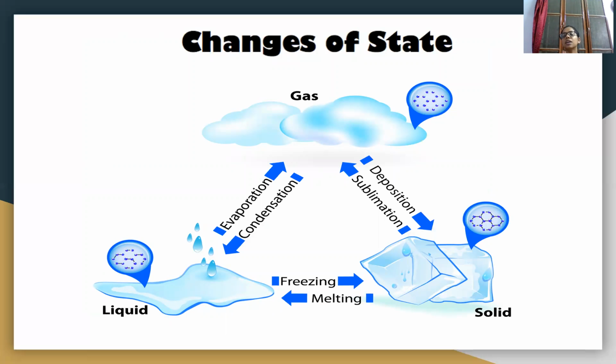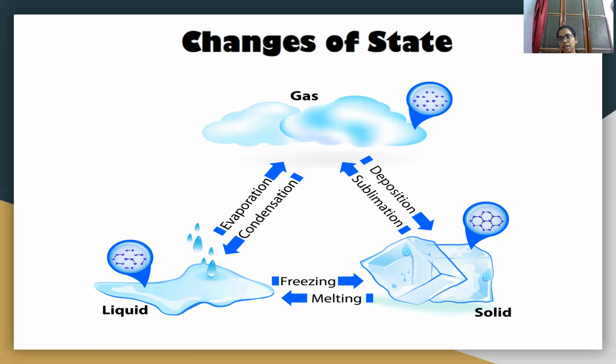Next, here how the changes of state can happen is given in the diagram. You can see first is freezing. The freezing is nothing but a liquid which changes into a solid. For example, liquid water is converted into ice. Next, the reverse process is called melting.